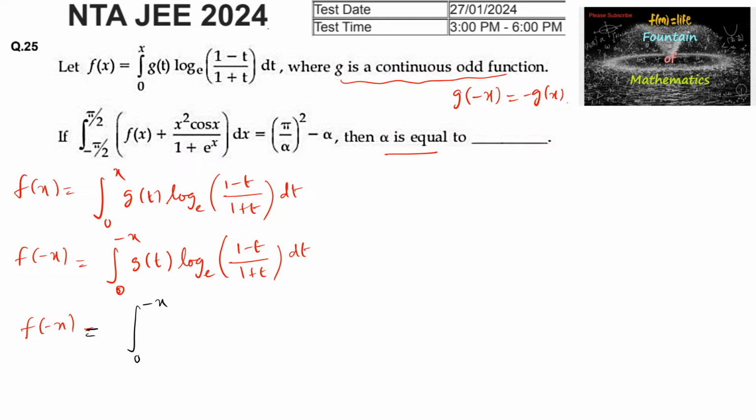Let us substitute t is equal to minus y, so that dt is equal to minus dy.